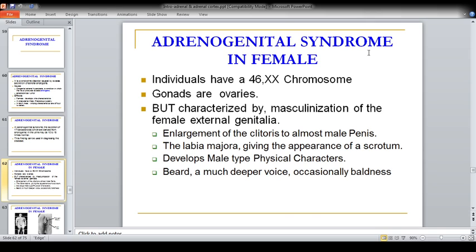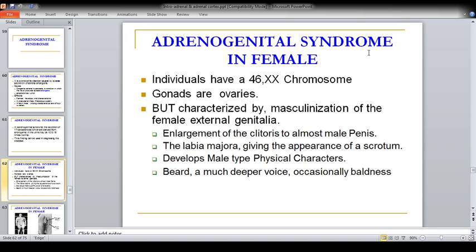So there would be masculinization of the female external genitalia. How does it appear? There would be enlargement of the clitoris to almost a male penis. Her clitoris would enlarge in such a way that it would feel like a male penis, but it is not a penis, obviously. The labia majora would give the appearance of a scrotum, but there would be no testes.